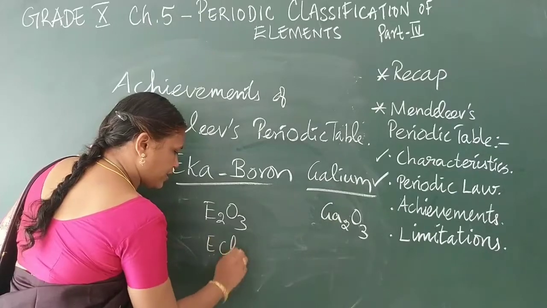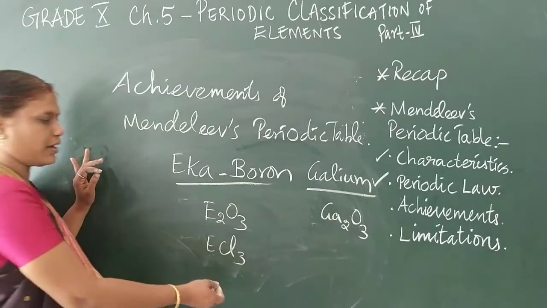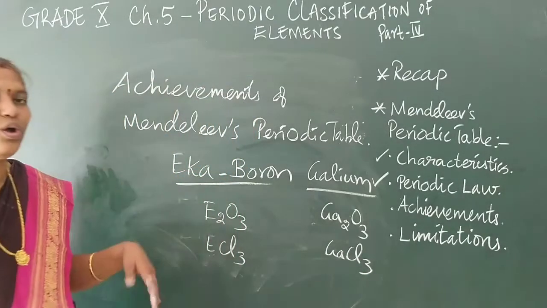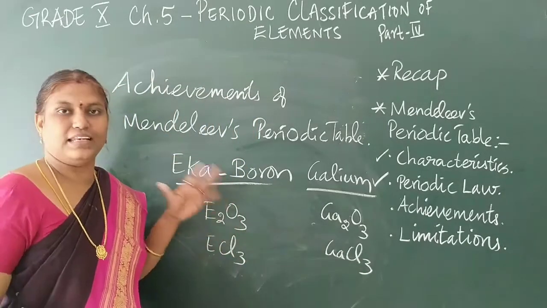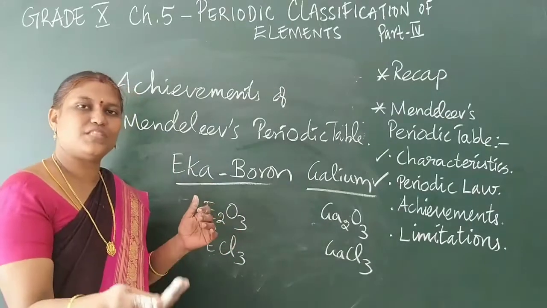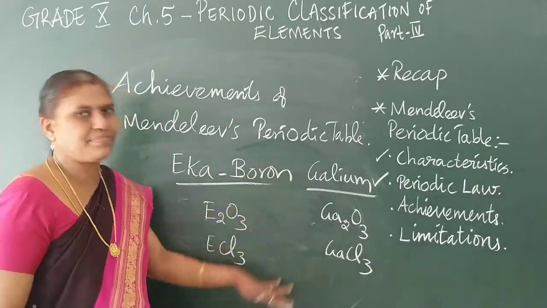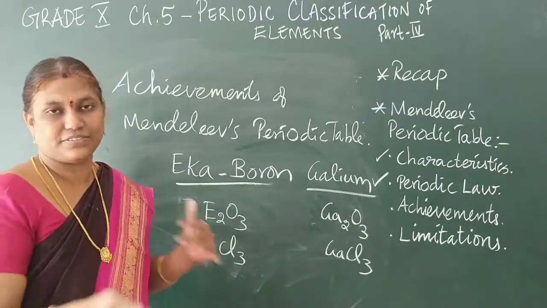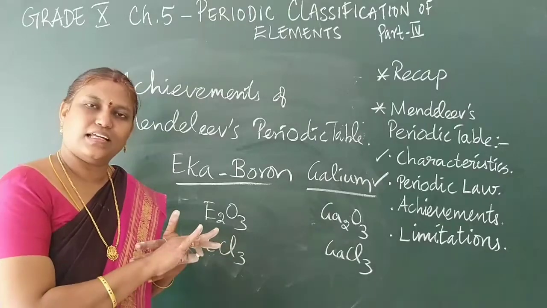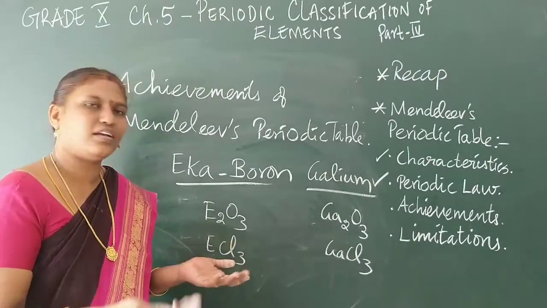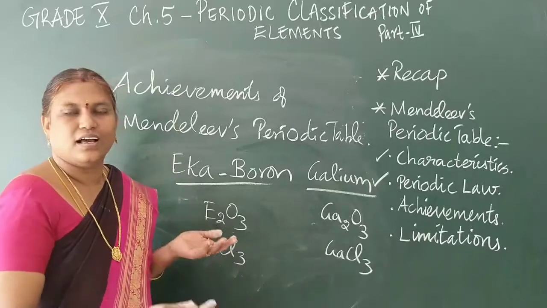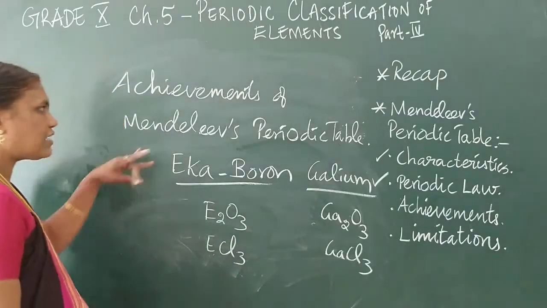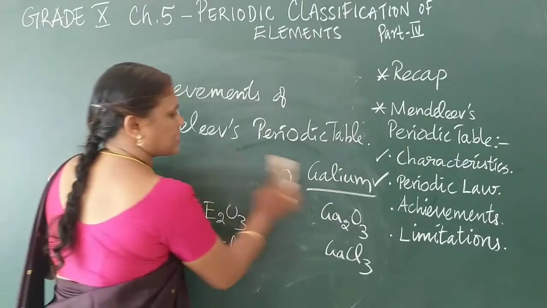Similarly, they told that when it reacts with chlorine, it gives this one, and when it reacted with chlorine, it gave the same. So whatever he named and left, when the elements were discovered, they had the same character. So the effort he took did not vanish. It is not wasted. It was useful for the future generation, for future scientists also. So that is his achievement. That is the second one.